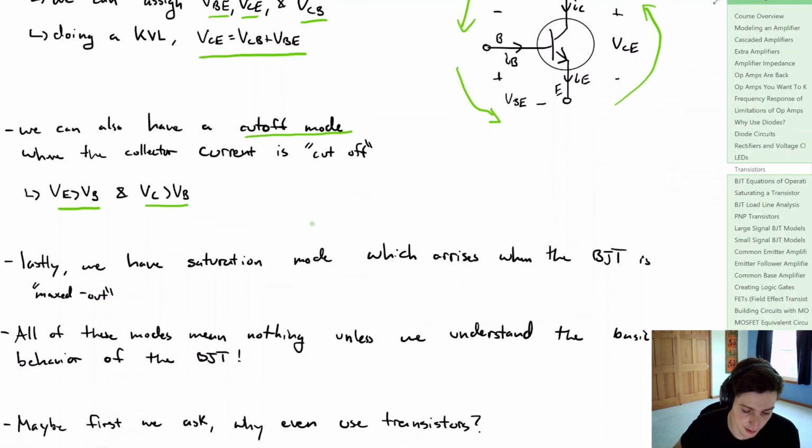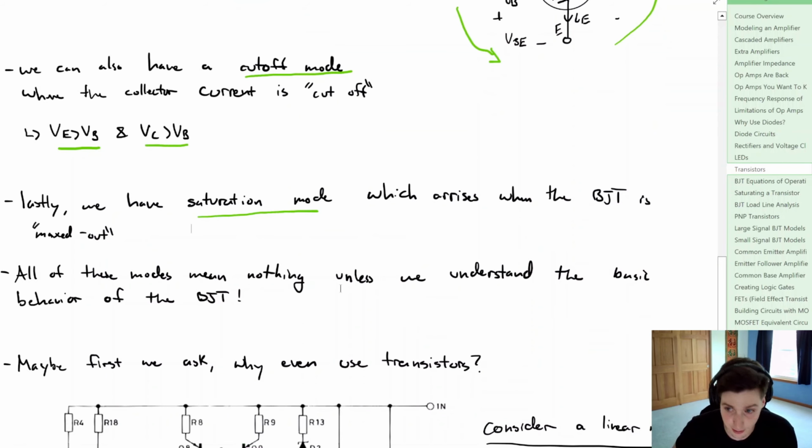Lastly, we have something called the saturation mode. And this takes place when you can hand-wavingly say that the BJT is maxed out for how much current it can output. Now, all of these modes don't really mean anything unless we understand the basic behavior of the BJT. But we'll get into that in the next video.